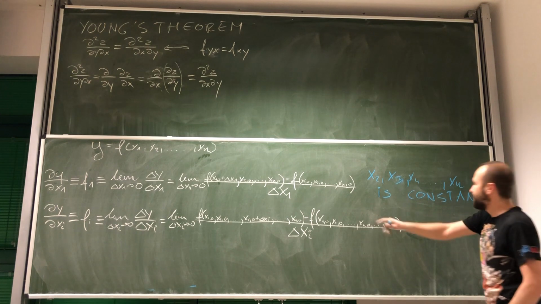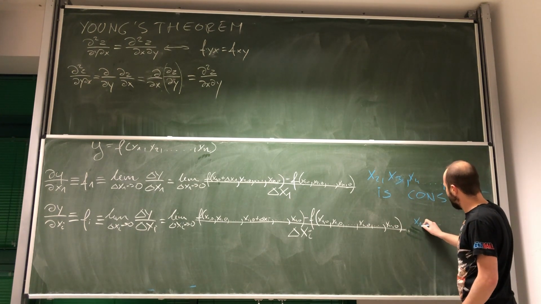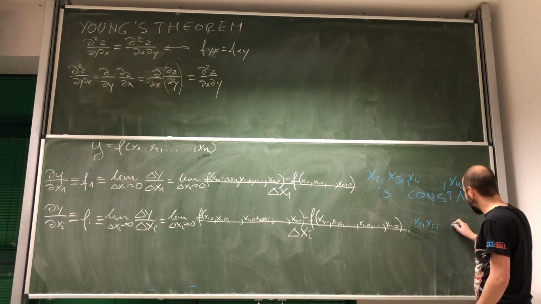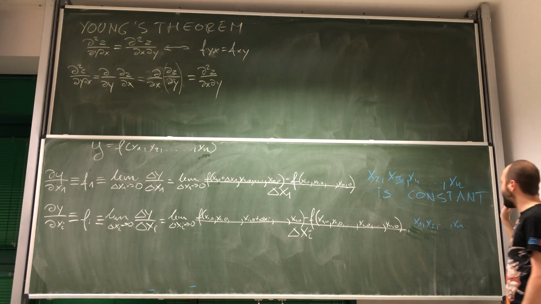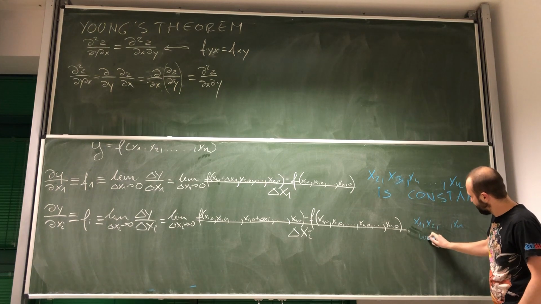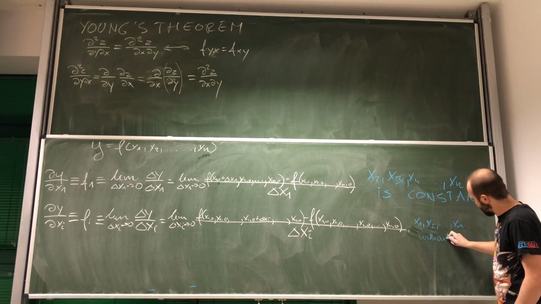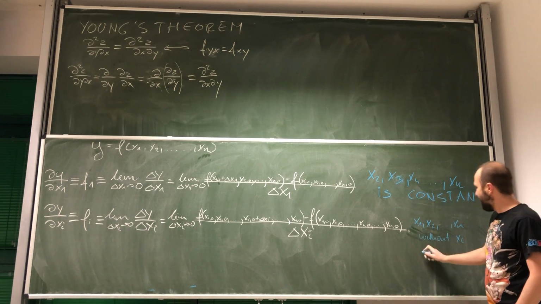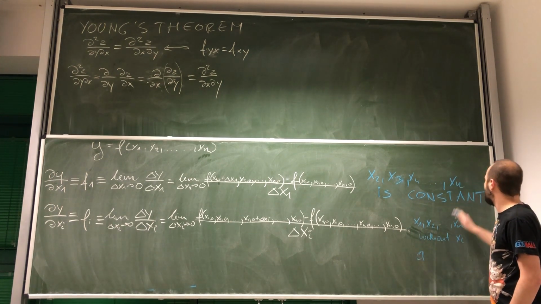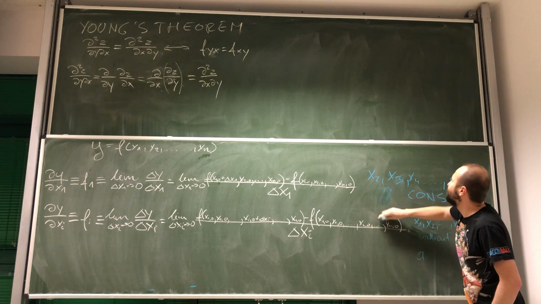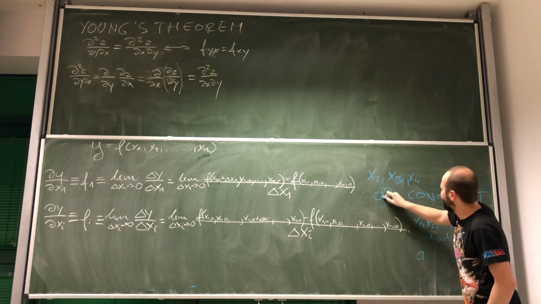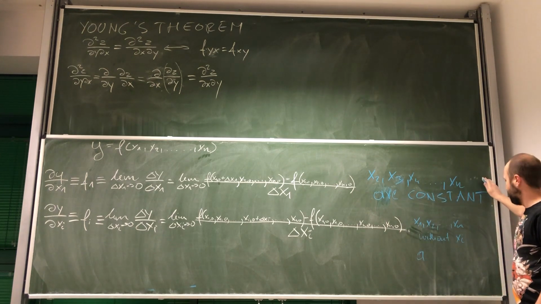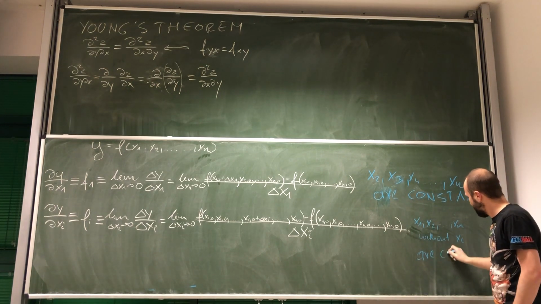But remember, in this case, x1, x2 until xn, but without xi, are, oh actually, I'm sorry, here should be r. They are constant. Xn is constant, but they are all constant, so r constant.